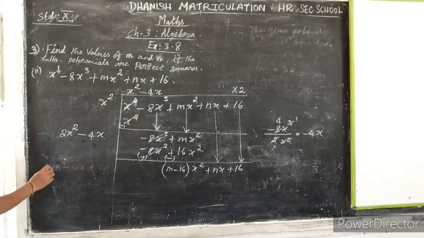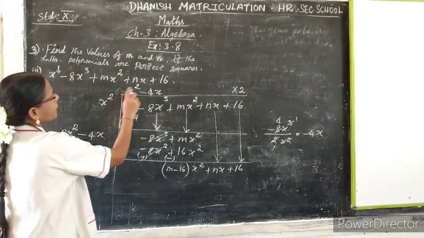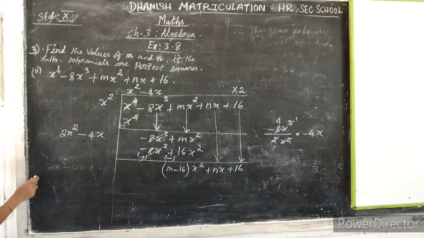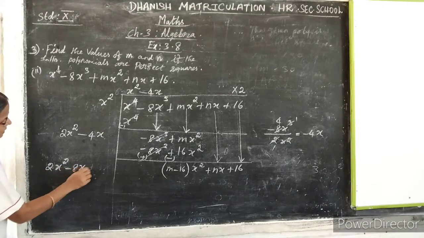Now write the divisor. Multiply these two terms of the quotient by 2. 2x square minus 2 4s are 8x.